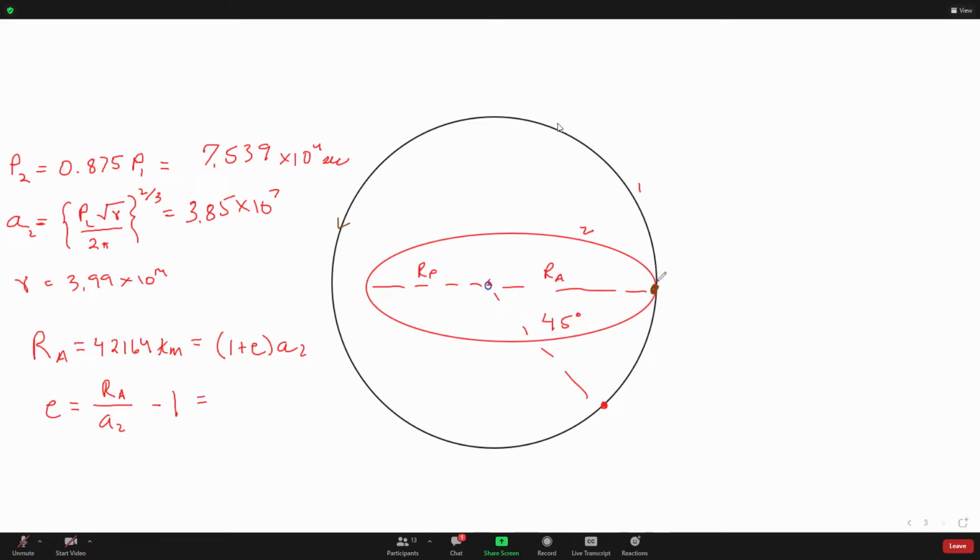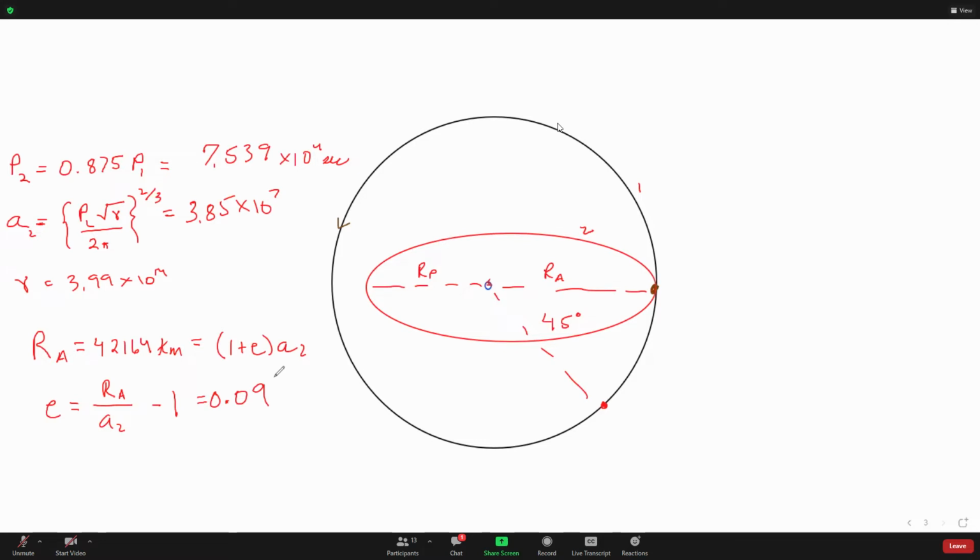That's this distance here. So Benjamin, tell me what the eccentricity of this orbit is. I got 0.09. Okay, great. Now we know everything about this orbit because we know its semi-major axis and its eccentricity.